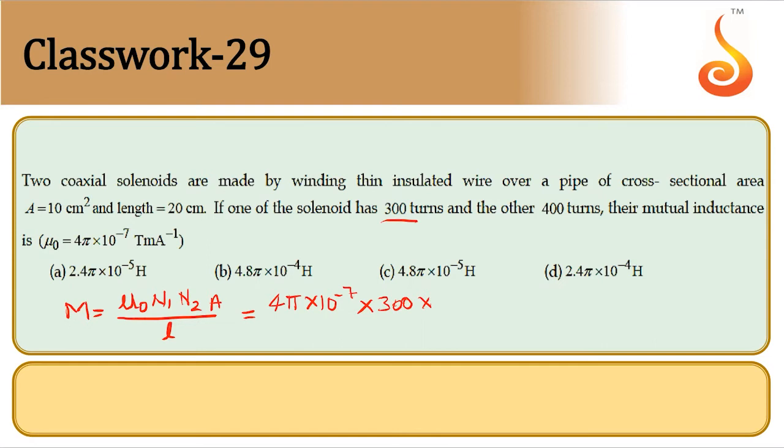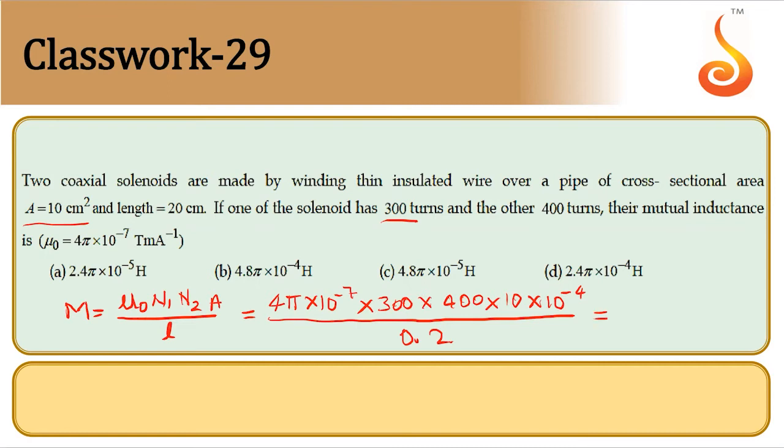N2 is 400. Area of cross section is 10 centimeter square, so that is 10 into 10 power minus 4, divided by length, 20 centimeter, that is 0.2.